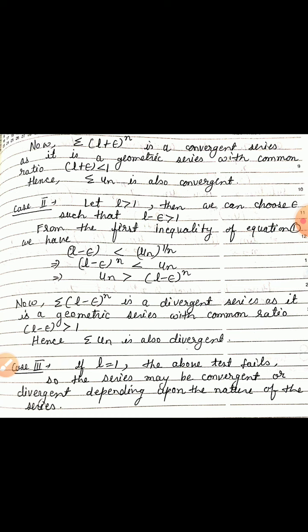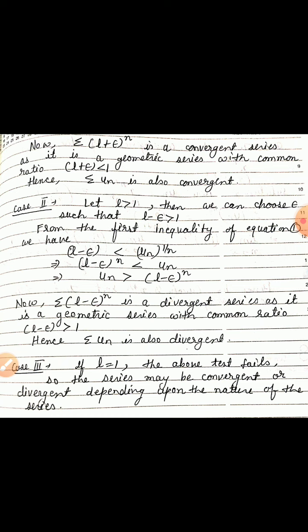This implies (L minus epsilon) power n is less than un, or we can write un is greater than (L minus epsilon) power n. Now summation (L minus epsilon) power n is a divergent series as it is a geometric series with common ratio L minus epsilon greater than 1. Hence summation un is also divergent.